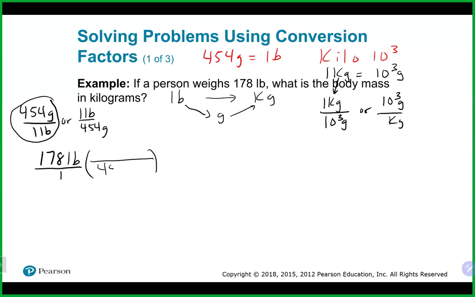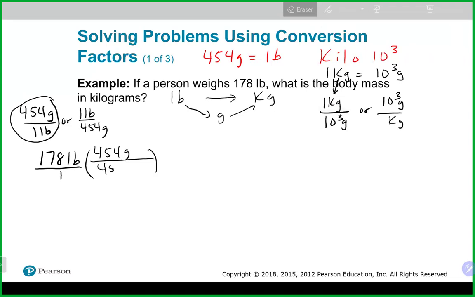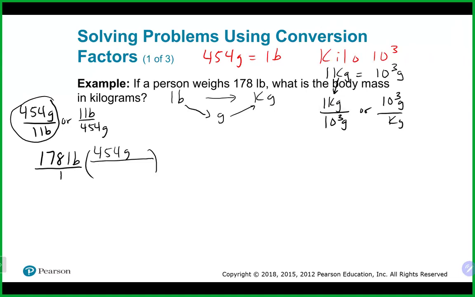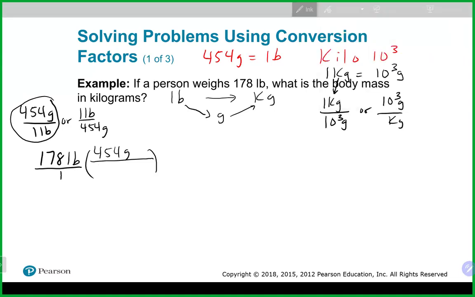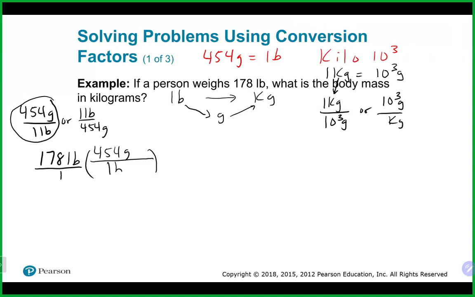So I'll write 454 grams on top and 1 pound on the bottom. Once again, we're going to multiply what's on top and divide by what's on the bottom. Pounds on top and bottom will divide out.